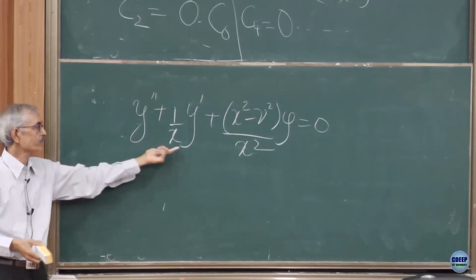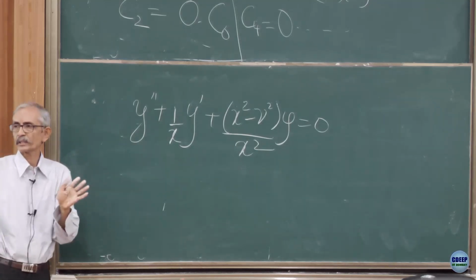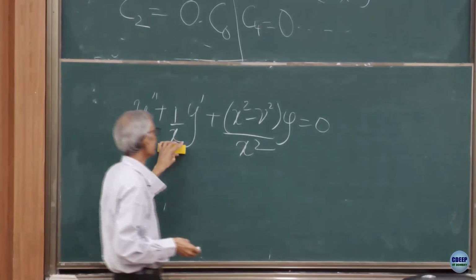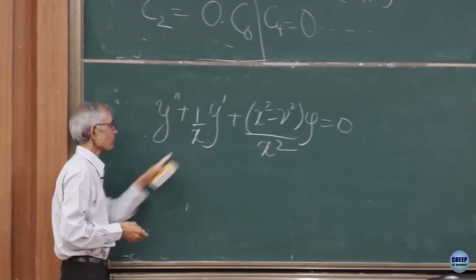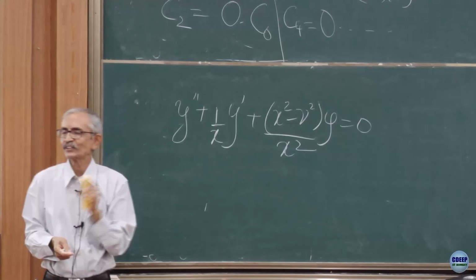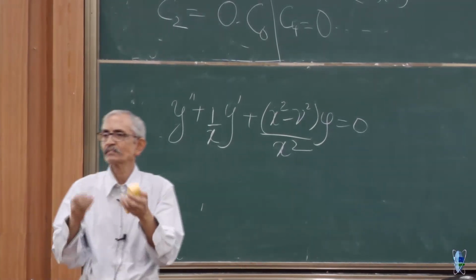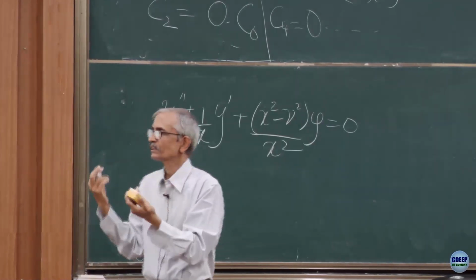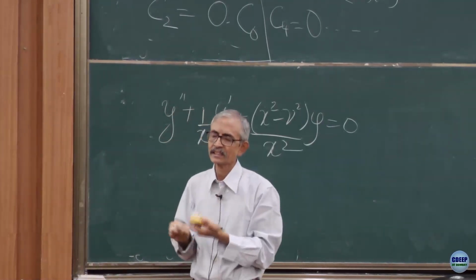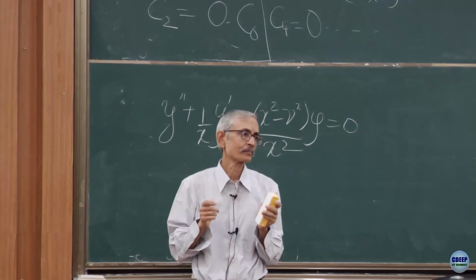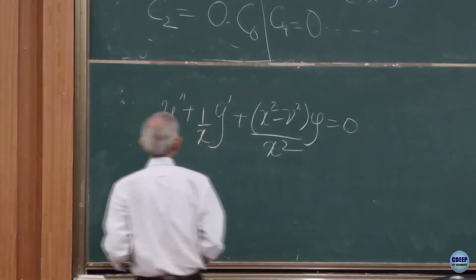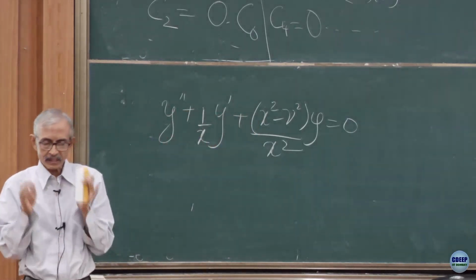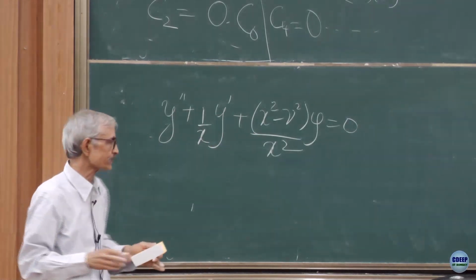There is a singularity because at x equal to 0 things are blowing up, and there is a problem with the analyticity of this function. Whenever you have x to the minus 1, the derivatives also don't exist at x equal to 0. So let us say that we have an equation which has got a singularity.